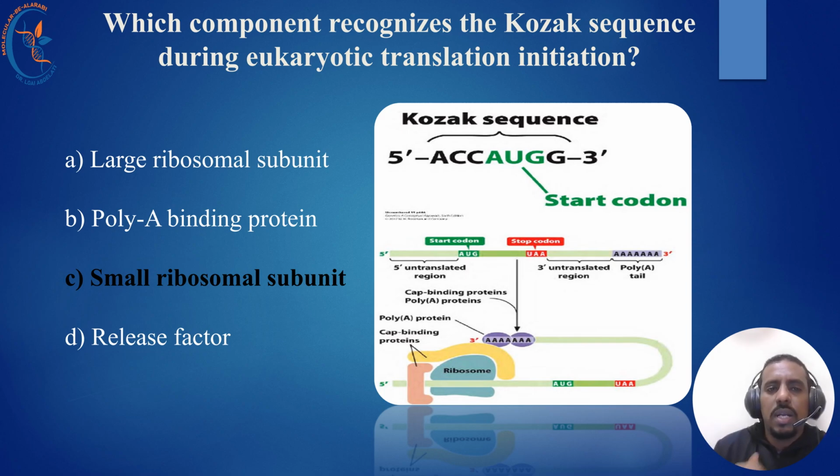This small ribosomal subunit is the component that recognizes the Kozak sequence during eukaryotic translation initiation. The Kozak sequence is the specific sequence of nucleotides around the start codon in messenger RNA, as I said earlier, and the small ribosomal subunit helps to identify and bind to this sequence to start the translation process. All right, let's move on.